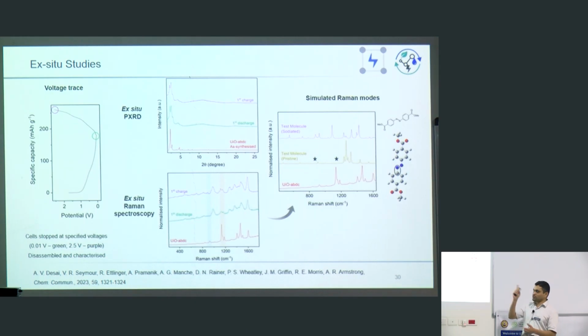The moment the sodium goes out of the structure, this bond is free to stretch again, and you start seeing this particular peak appear again. This is a map we got as an output from the theoretical calculations. But if you compare this output to your experimental data, you can map it up nicely, and you can say that this is the point where the ion insertion has completed at the azo group.